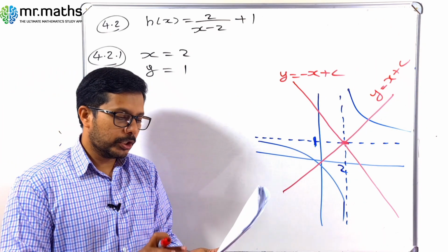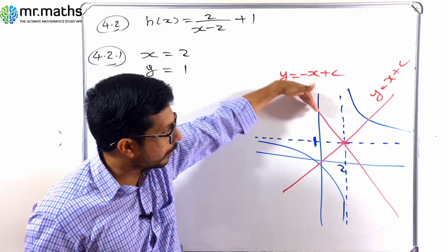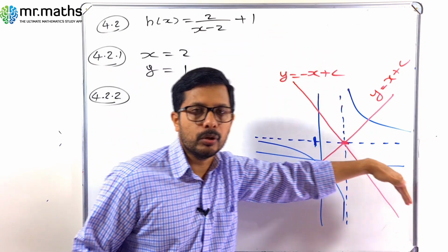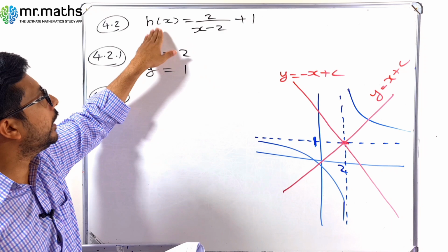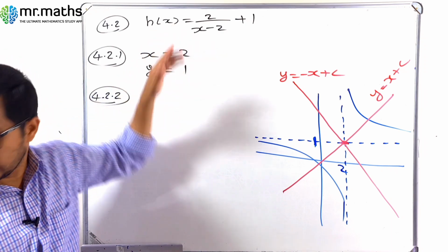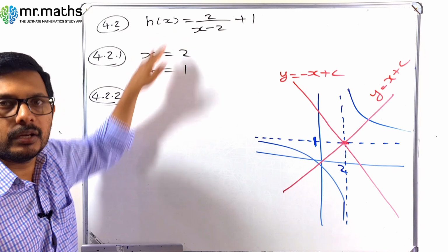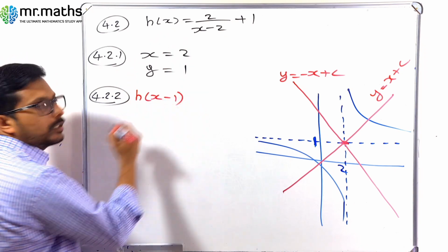Determine the equation of the decreasing axis of symmetry. Decreasing means this one. We know only h of x, is it not so? But we are not supposed to write the axis of symmetry of h of x. We have to write the axis of symmetry of h of x minus 1.